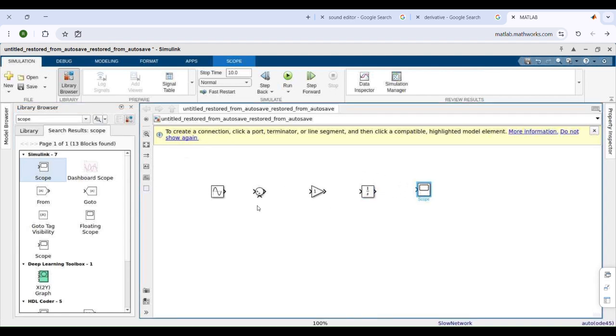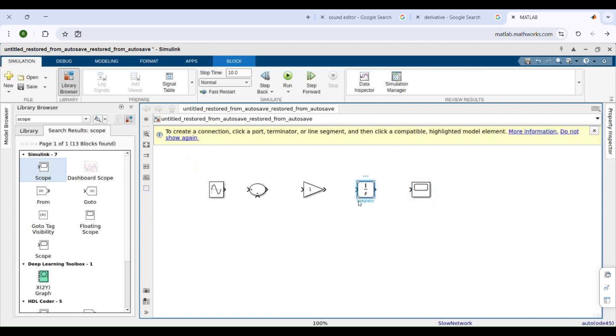And now just make things bigger to just more focus and to see the numbers. So here, okay, we need two integrators.